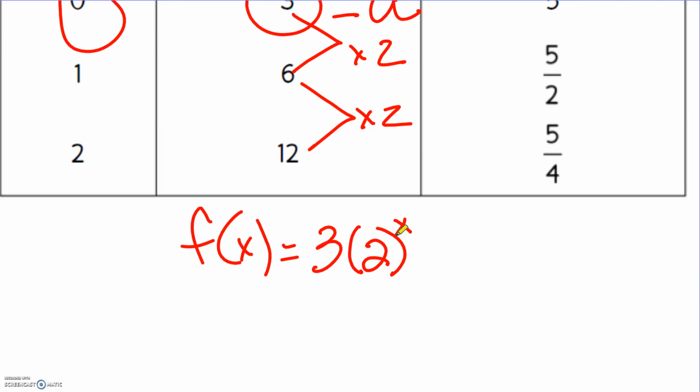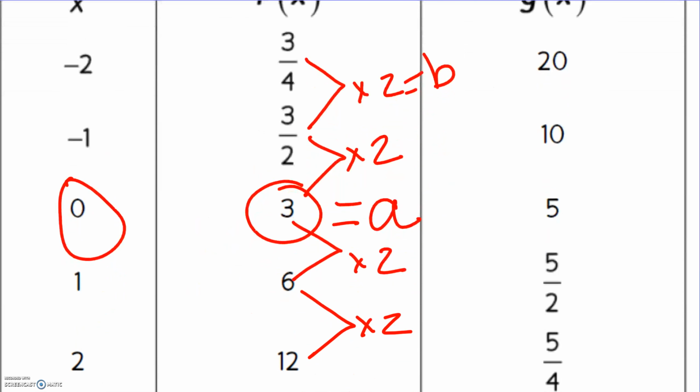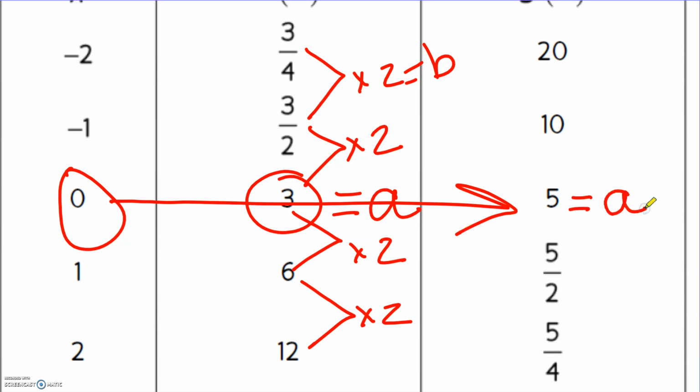Now, over here on the other column, these are the g of x values. We're going to do the same thing. Again, you just look across when x is 0, what is the y value that we have? And that's 5. So therefore, this is my a, my initial value. To find b, we look and see what are we multiplying by each time to get from one term to the next.